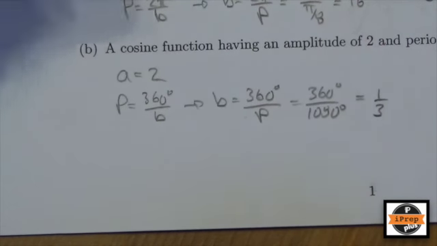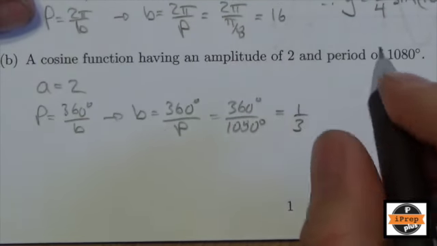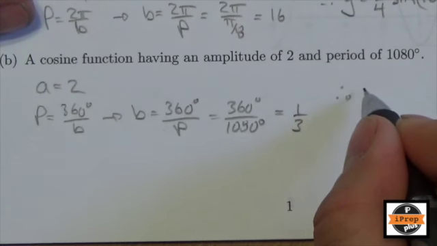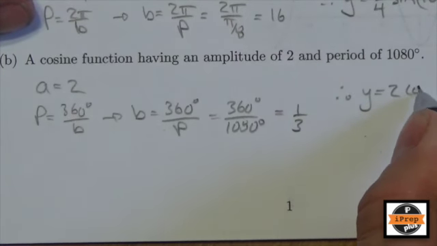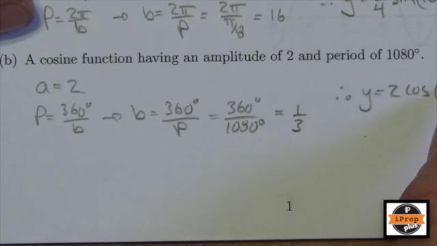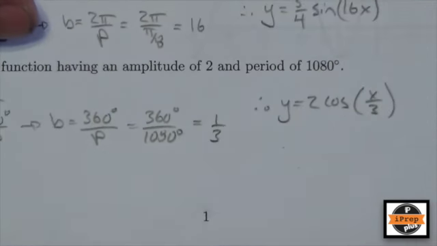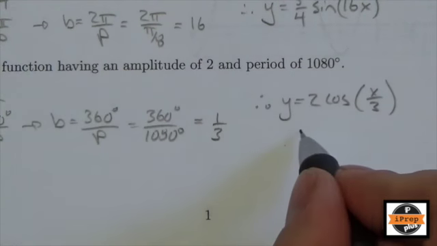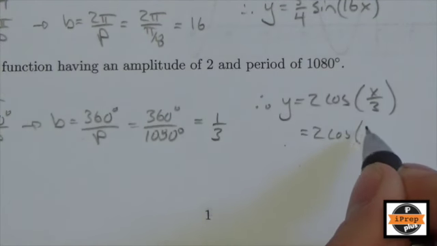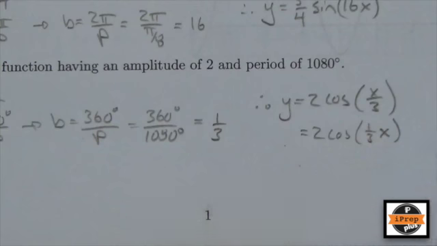And actually, I would have known that from before because I believe that was in one of the previous questions. So now I can write, therefore, y is equal to 2 cosine of x over 3, or 1/3 x if you prefer to write it like that. I know that some people like to write the 1/3 out front. It doesn't really matter. They're both saying the same thing.